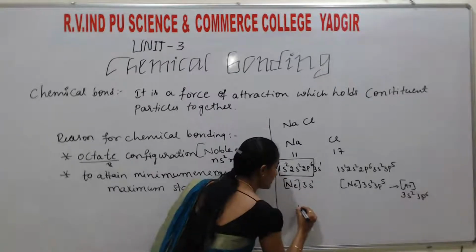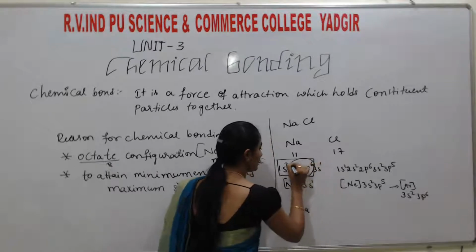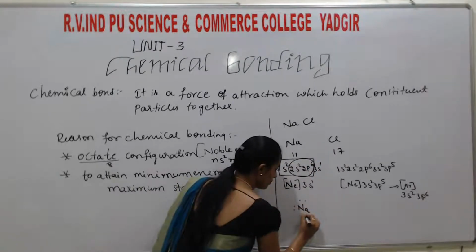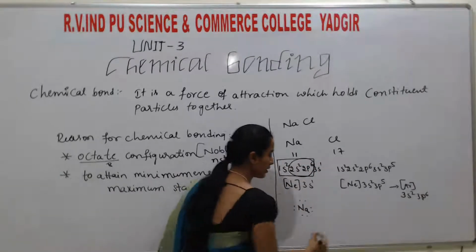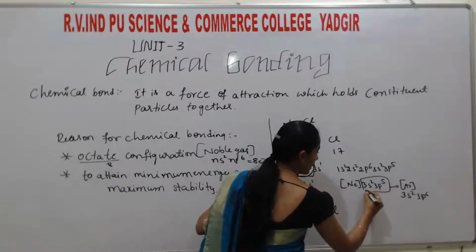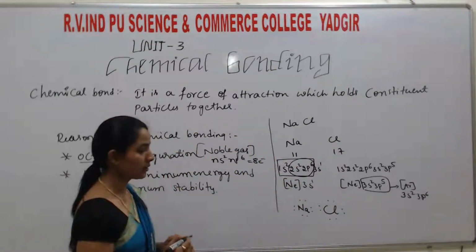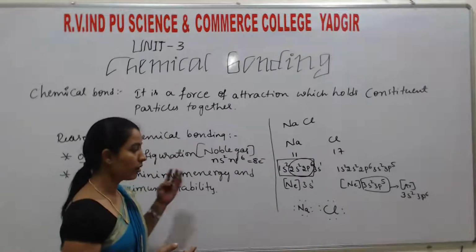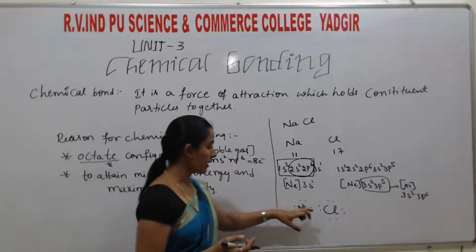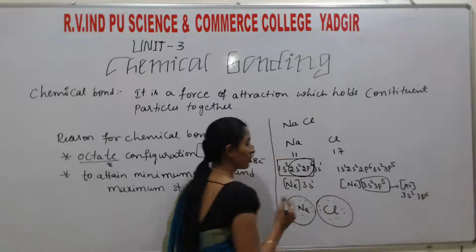So listen, if you consider sodium's outermost shell after losing an electron, a total of 8 electrons are there. Next, consider Cl: if it accepts one electron, it attains noble gas configuration. Either by sharing an electron or by transferring an electron, each and every atom should attain an 8-electron system.